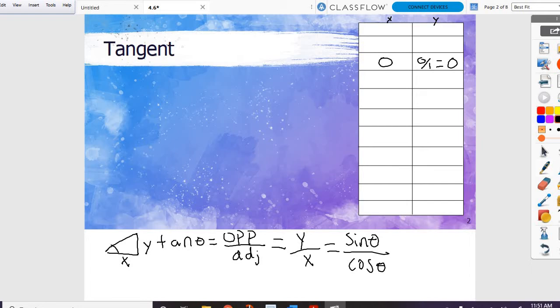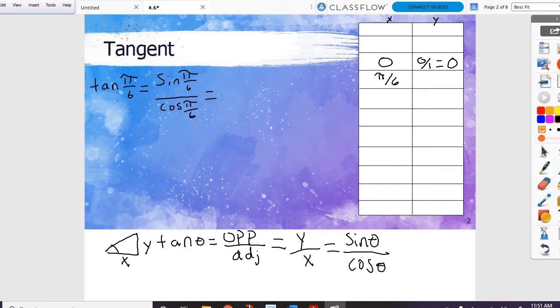So what's another angle, going in order, that would come up next? So again, thinking about radians, pi over what? 6. We can do that. So this one's going to be not harder, but just a little bit trickier. So remember that tangent of whatever our angle is, we can find that by taking sine of that angle divided by cosine of that angle.